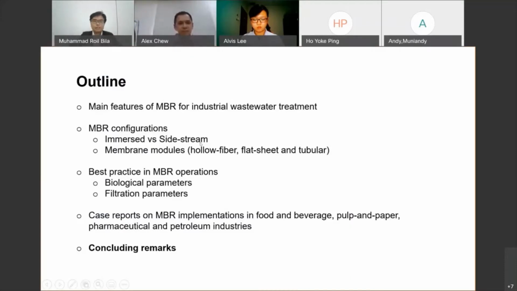We'll touch a bit on membrane models: hollow fiber, flat sheet, tubular, and which are suitable for which configuration. Then there are some of the probably best practices, I call it here, in MBR operation. So how to run our biological process and how to see it from the membrane filtration perspective. Lastly, I will offer you some case reports on MBR implementation in different industries.